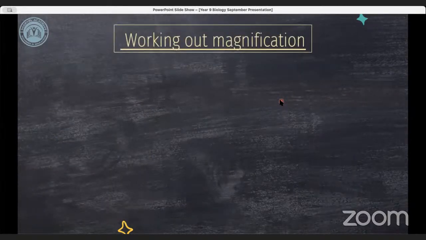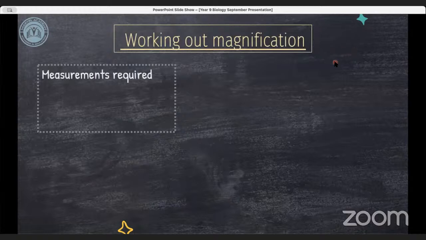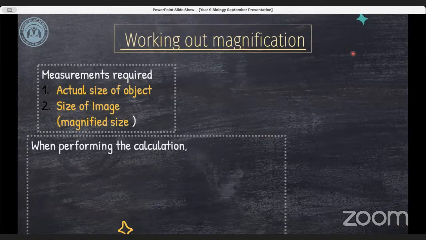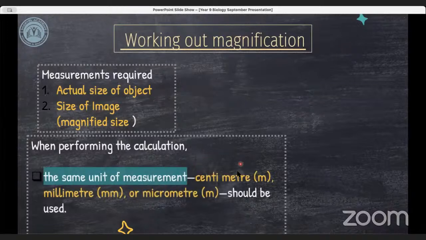Now we are going to learn a maths part, children: working out the magnification. There is a formula for it, but you need to know some quantities: the actual size of the object and the size of the image. When performing this calculation, make sure both have the same units.